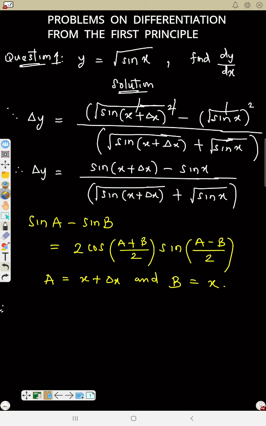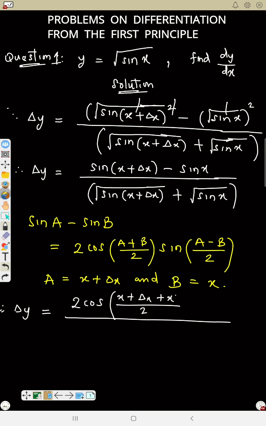So if I use the principle here, I'll get dy is equal to 2 cos of a, which is now x plus delta x plus b, that is x, divided by 2, sine of a minus b, that is x plus delta x minus x, divided by 2.